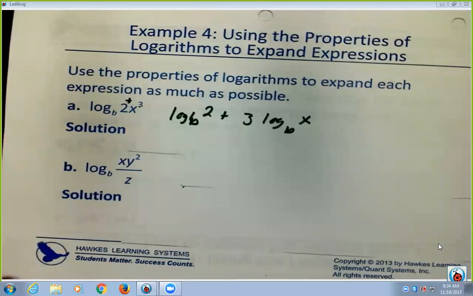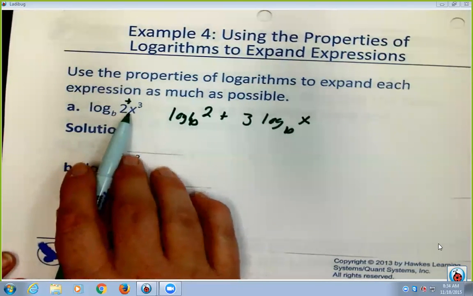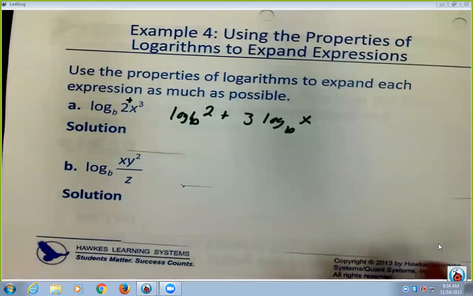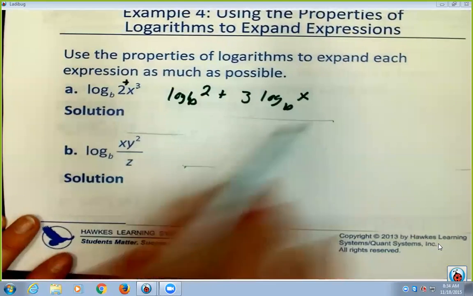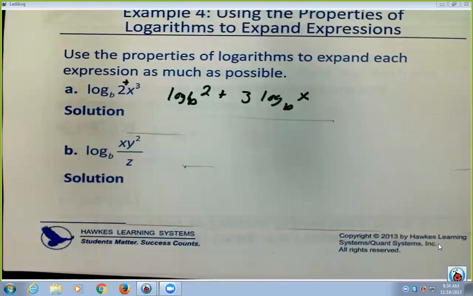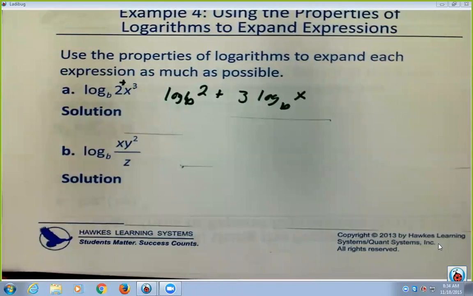So again, I'm going to look at what I have in here. There's a plus that goes between. The 3's got to come down in the front. What about the next one? That's what you put in Hawks. That will be what you'll type in. Okay. There should be a subscript key where you can put in your base that's in your log.